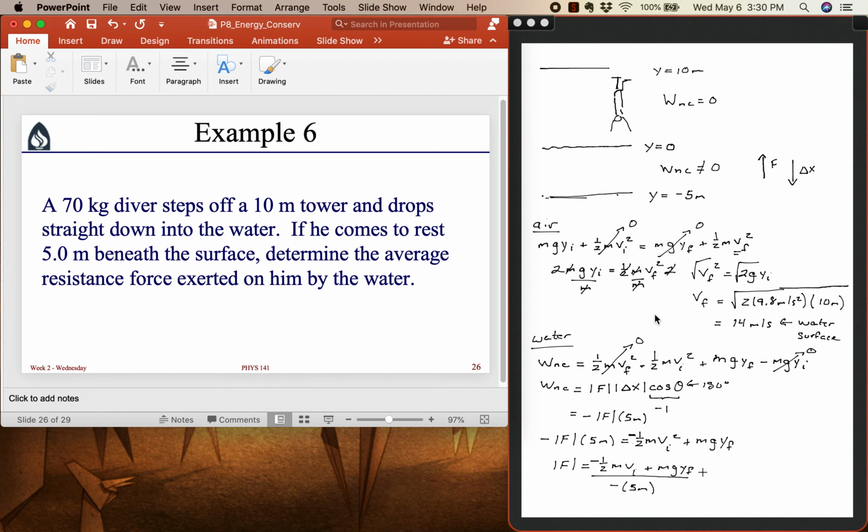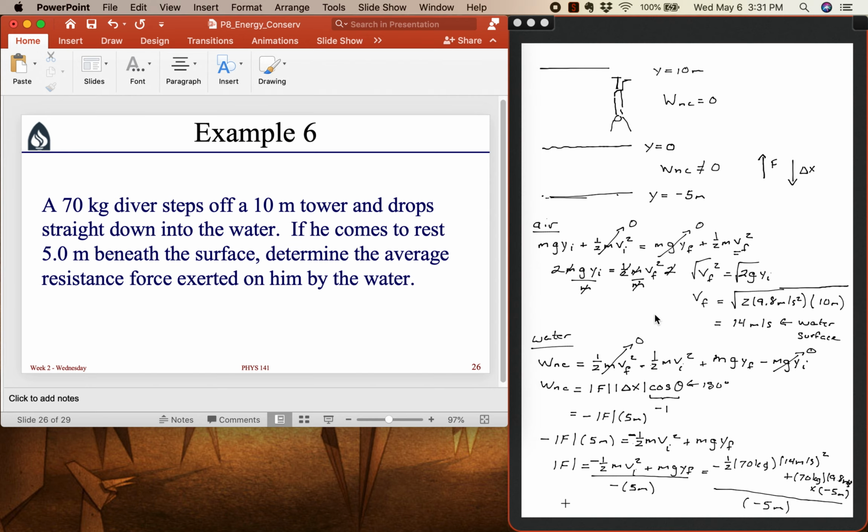Okay, so then I just need to plug in values. I have a negative 1/2. The mass of the diver is 70 kilograms, and this is squared. The initial velocity as the diver enters the water is 14 meters per second, so that's 14 meters per second squared, plus 70 kilograms times 9.8 meters per second squared, and then that's also times the y final, which is negative 5 meters, and then all of that gets divided by negative 5 meters.